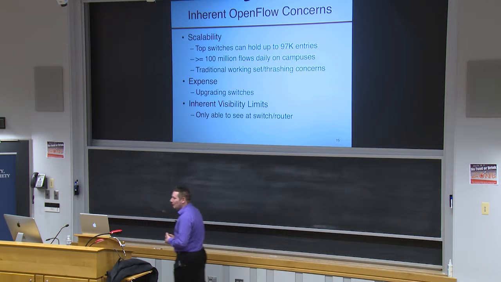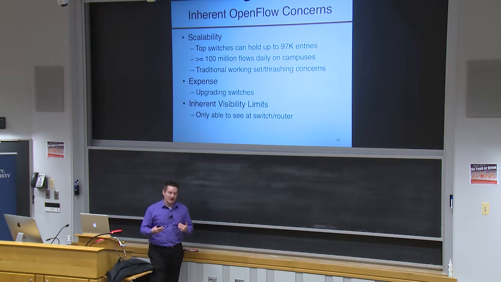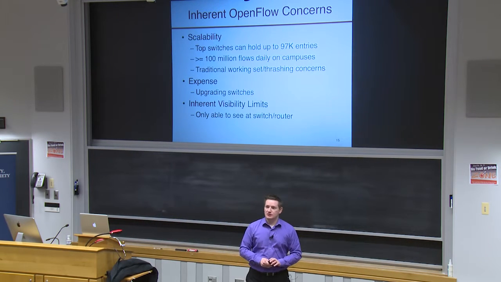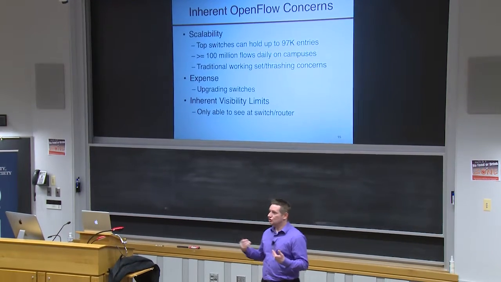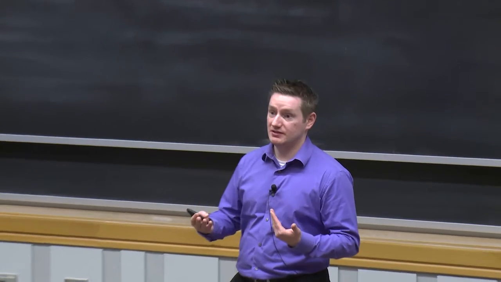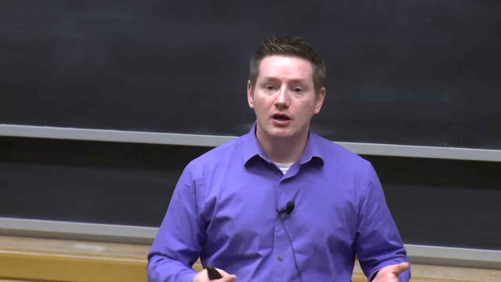All right, so if we can't do this with OpenFlow hardware, we're going to need something else along the way. The other issue is a little bit of expense. So typically organizations like universities will refresh their switching hardware and their routers on a regular basis. And so maybe every 5 or 7 years, they'll be replacing the hardware.